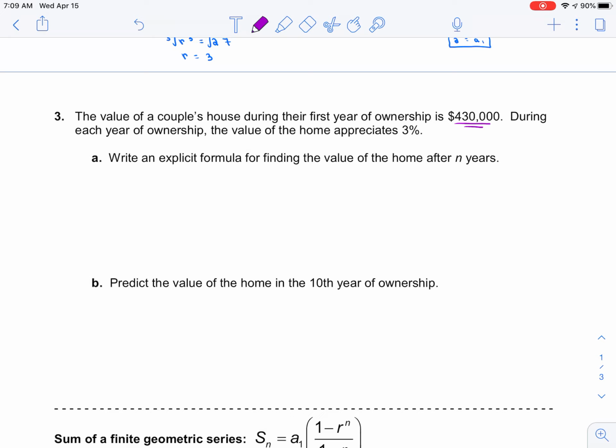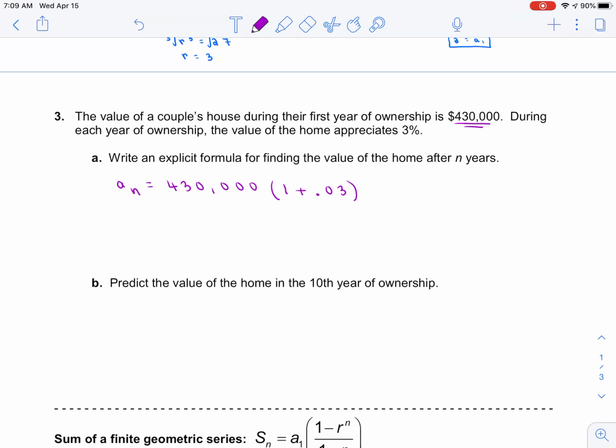So if we want to write an explicit formula, think about this, guys. This is just last unit. This is exponential. We know that the starting amount is 430,000, and if it's appreciating, it's going up by 3%. Now, normally when we set up these formulas, we would just have like x in the exponent.